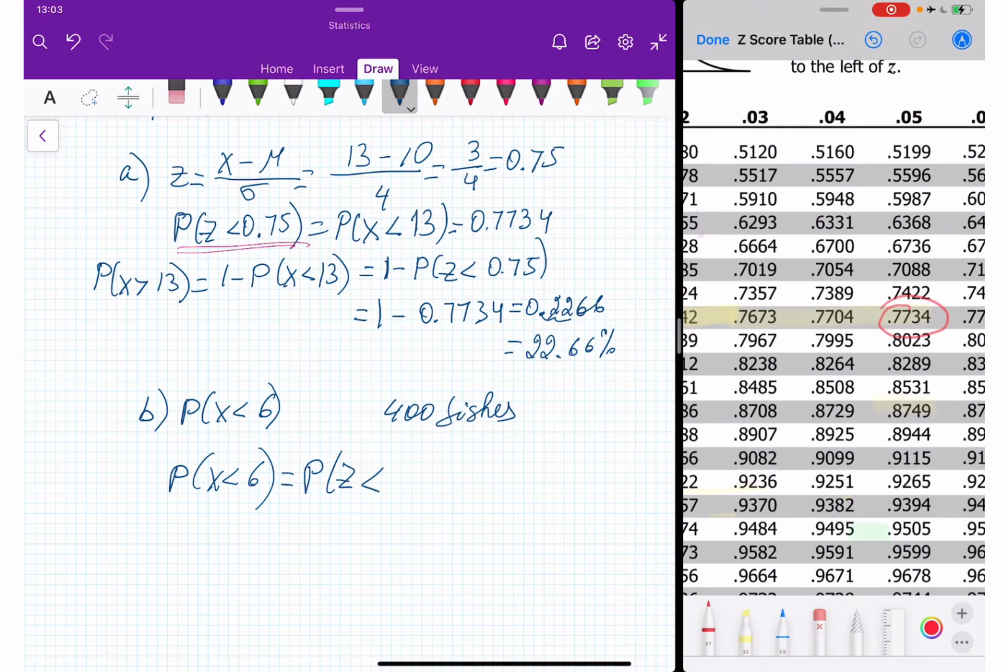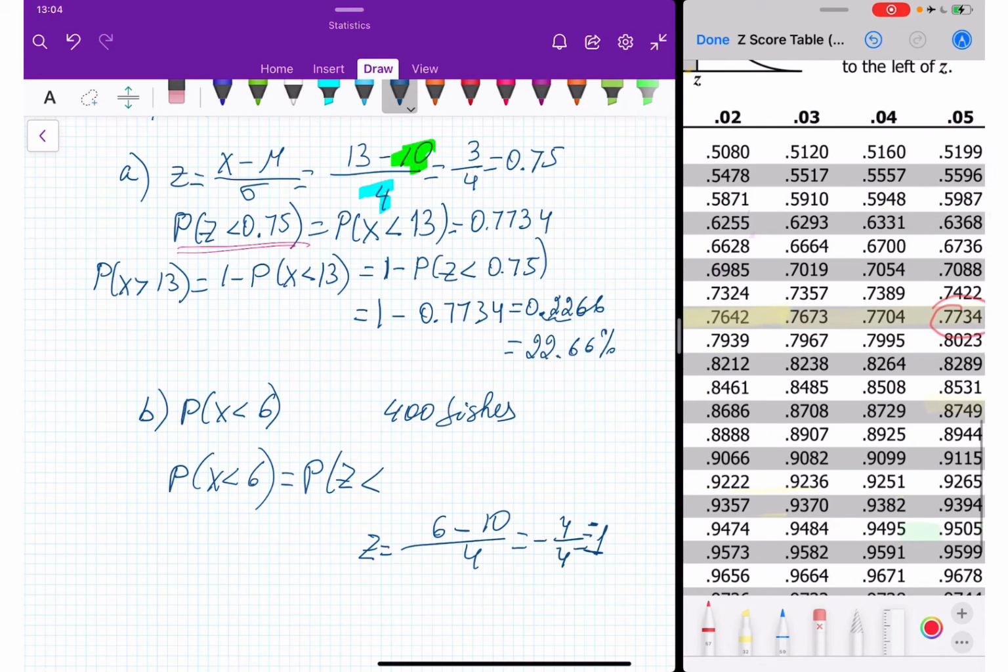So x is 6 minus the average, which is 10, right? And standard deviation is 4. So minus 10 and divided by 4. Negative 1.